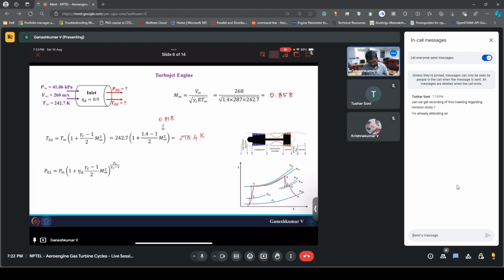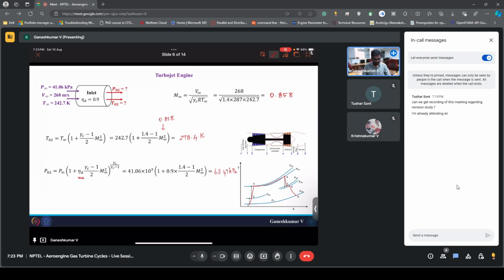Now you might notice that there is an efficiency of the diffuser here, which is around 0.9, and we know P infinity to be 41.06 into 10 power 3, 41.06 kilopascal, and we just found out M infinity. If you put these numbers in and calculate, the pressure might come to something like 63.47 kilopascal.